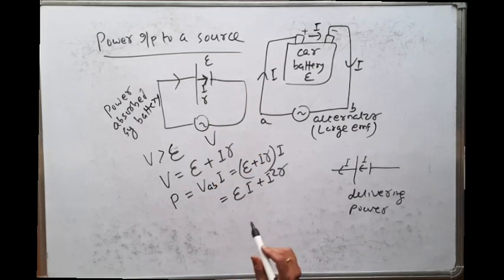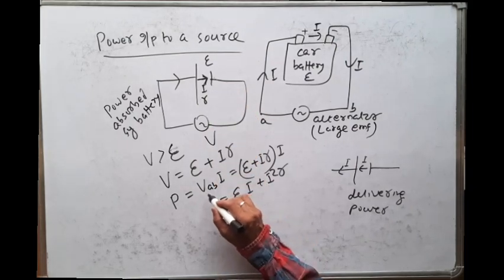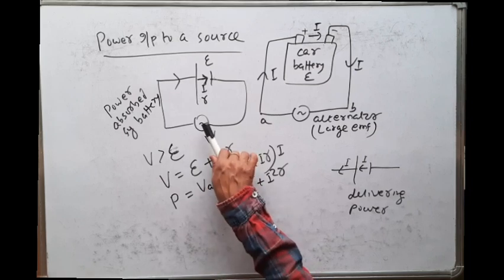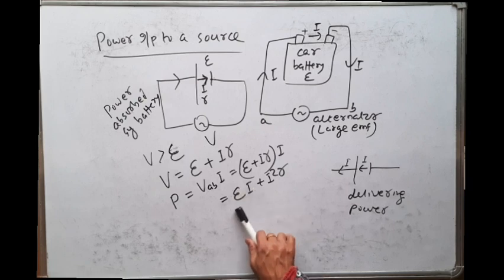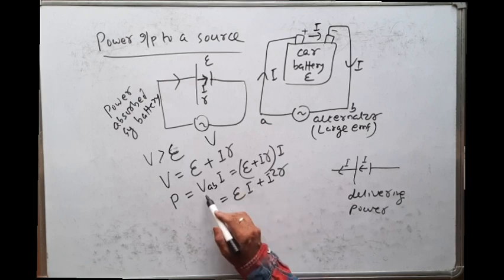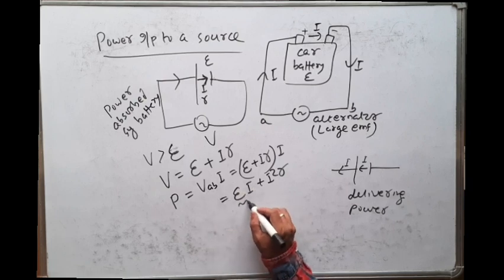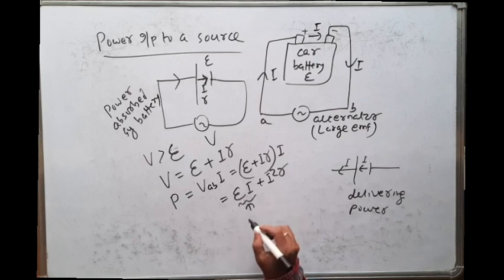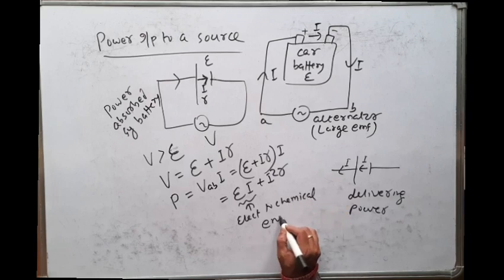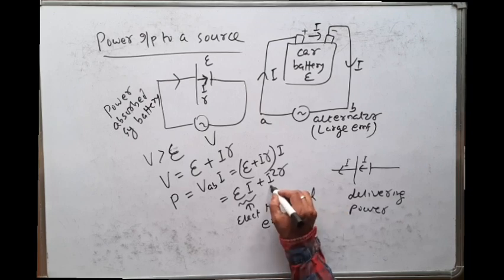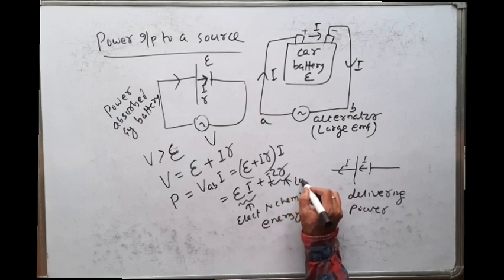Now see, the total power given by the source will help to charge this battery. Out of the total power, this power EI is converted from electrical to chemical energy, and this I square R is a loss in the form of heat energy.